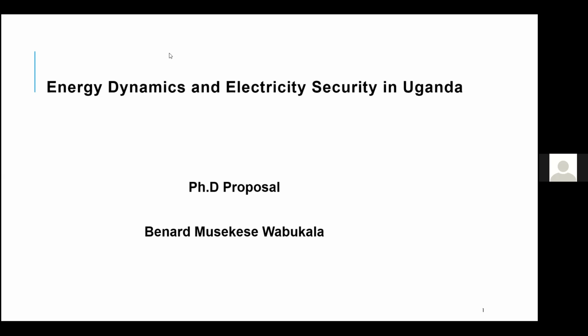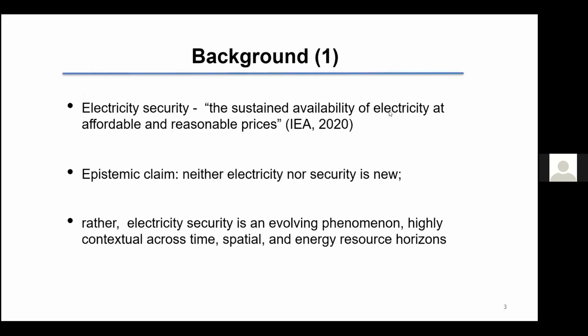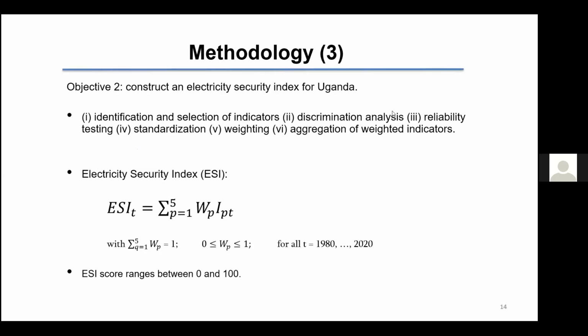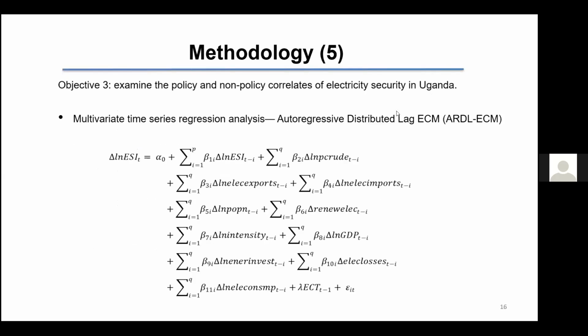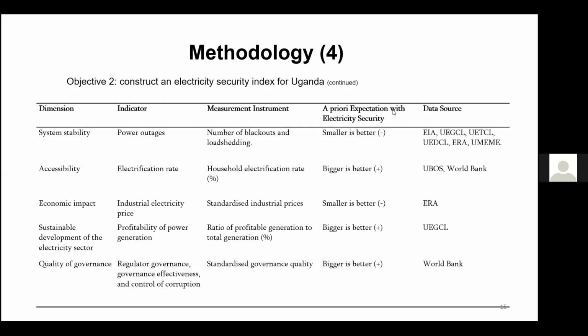When you read the literature about energy security, there is a unidimensional approach, there is a subjective way of measuring energy security, and there is also a multi-dimensional way of measuring energy security.